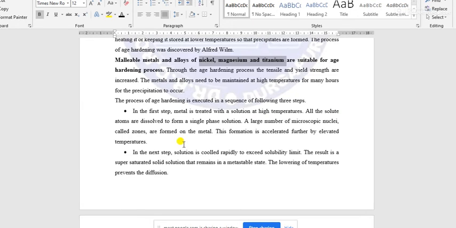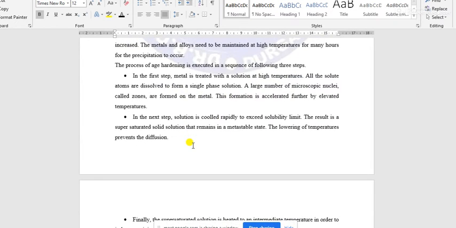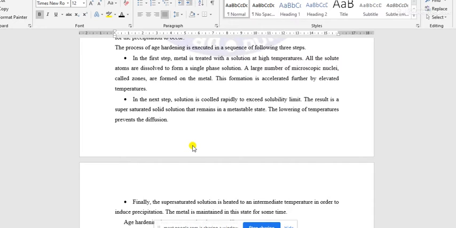Now coming to the process of age hardening, there are three sequential steps by which the total process of precipitation or age hardening may be done. In the first step, this is a special case of heat treatment, that's why obviously the total process is different from the other heat treatment processes.